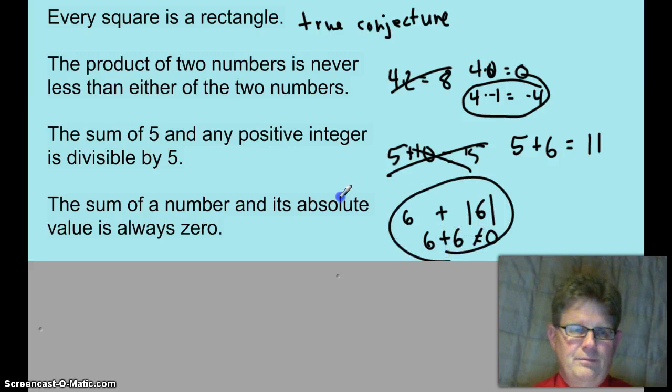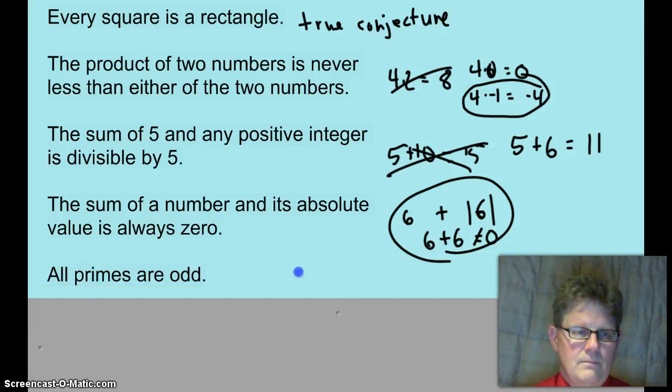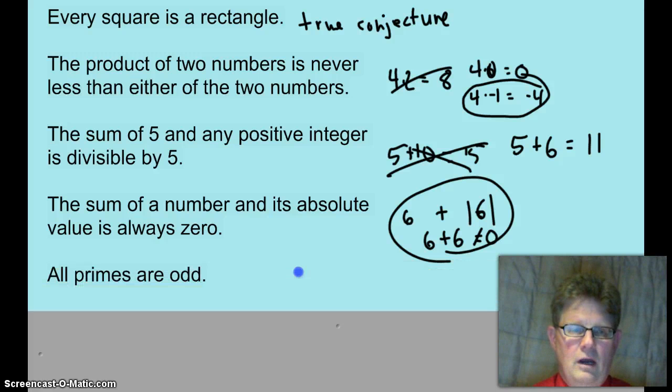There's a counterexample. All primes are odd. You're only going to come up with one counterexample. Remember, prime numbers are numbers that have exactly two factors. And the first prime number is 2.